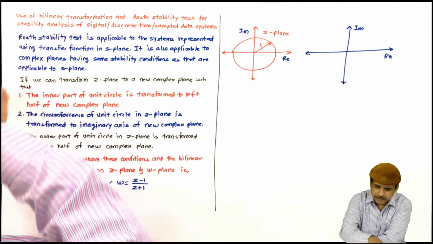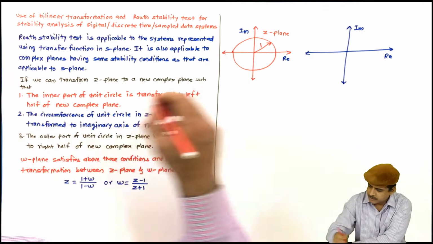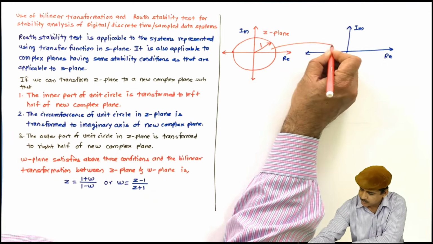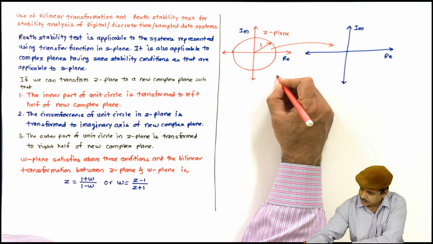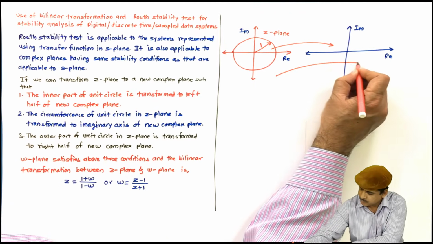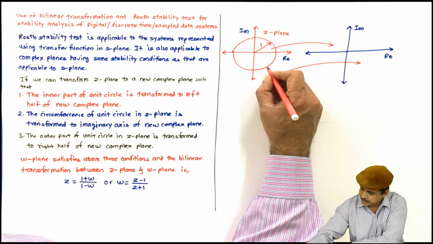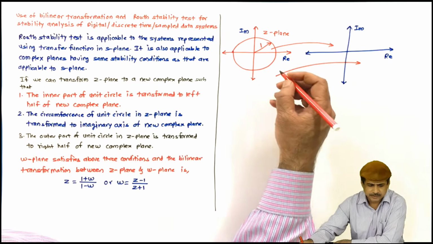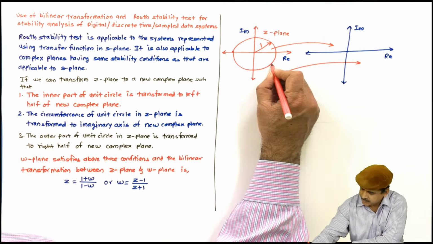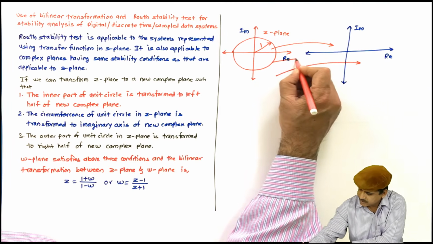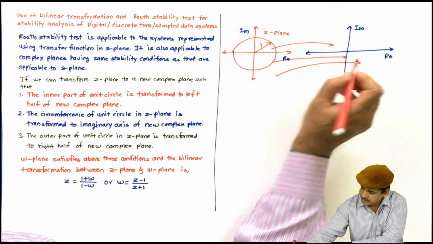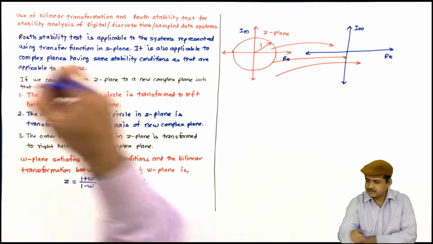And then if I try to transform, this inner part will be transformed to left half, this outer part will be transformed to right half, and this circumference will be transformed to imaginary axis, and this is the W.